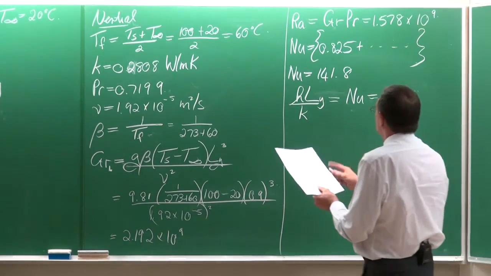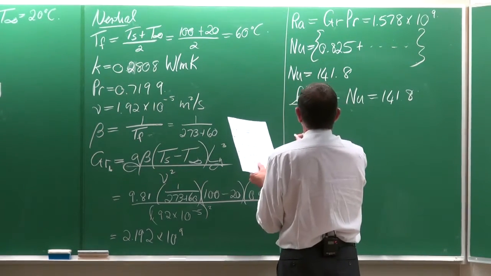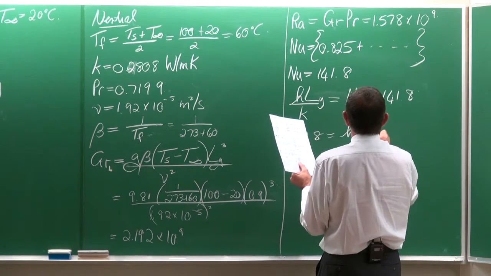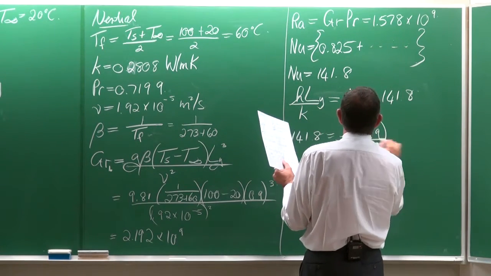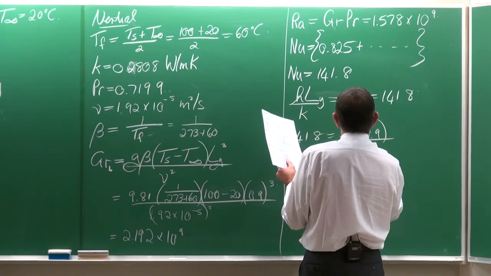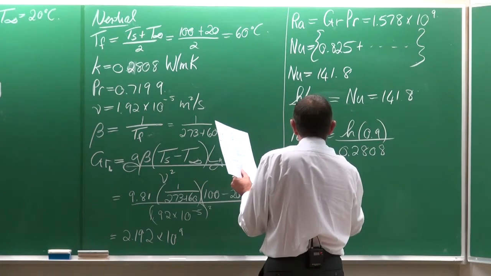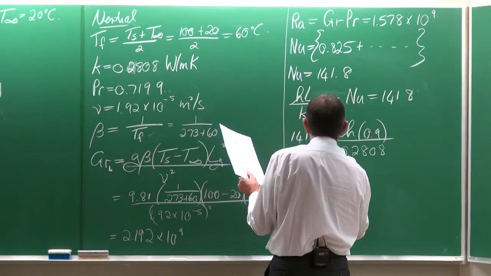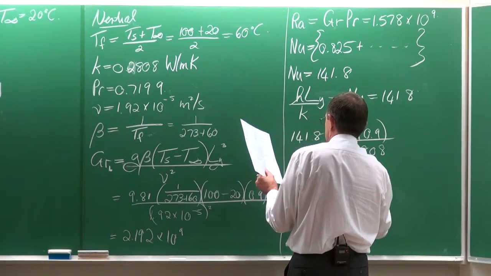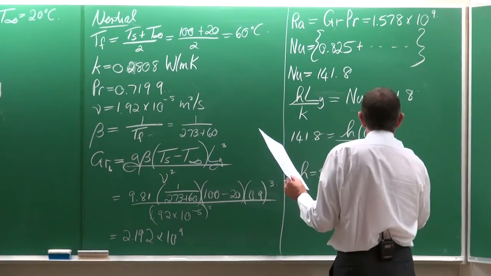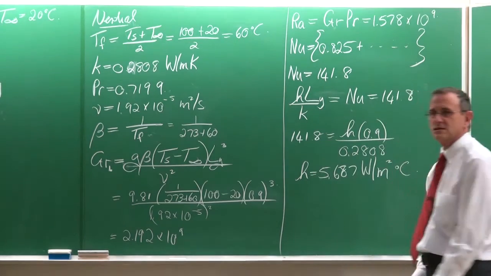So the Nusselt number is equal to 141.8, is equal to the heat transfer coefficient multiplied by the length divided by the thermal conductivity, 0.2808, and that gives us the heat transfer coefficient as 5.687 watts per square meter degree Celsius.